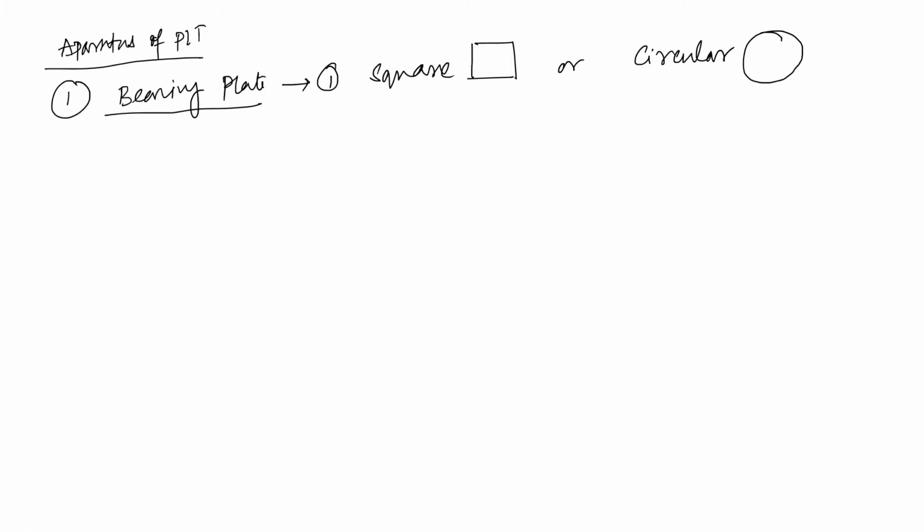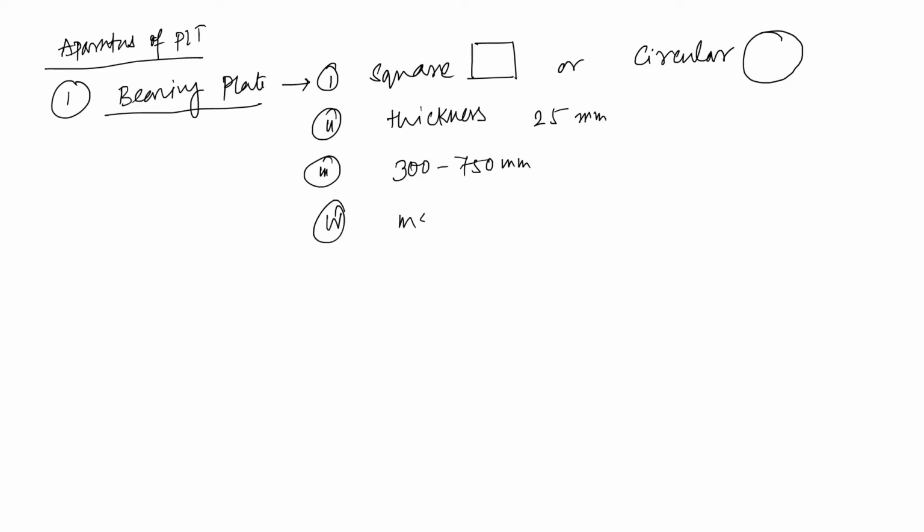Point number two, the thickness is 25 millimeter. Point number three, the size should be 300 to 750 mm. The size varies. And the material should be mild steel, that is Fe 250.